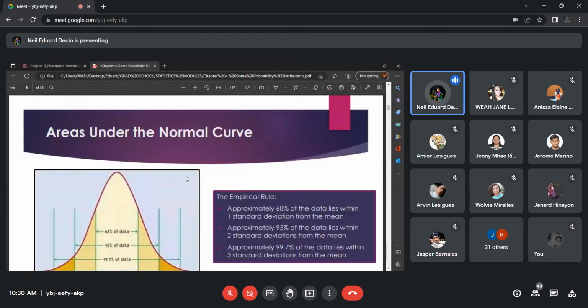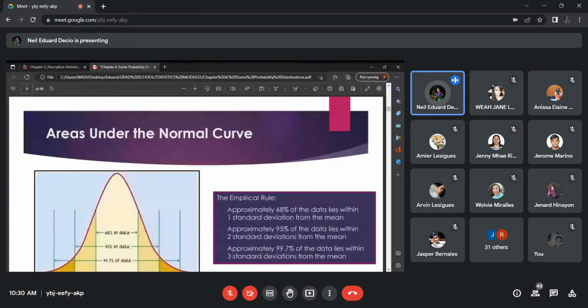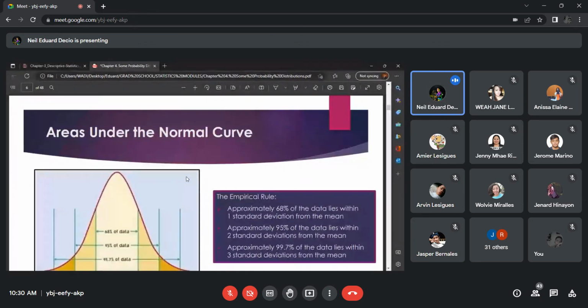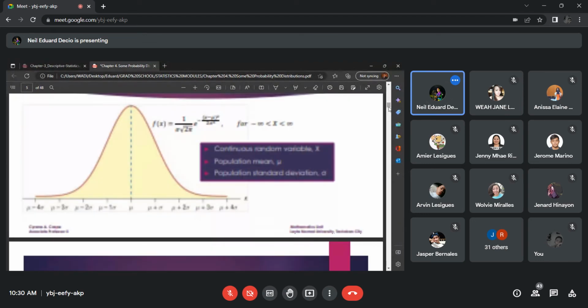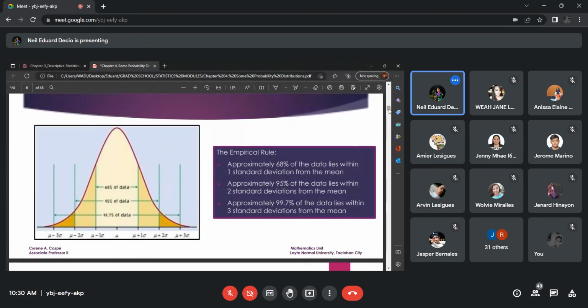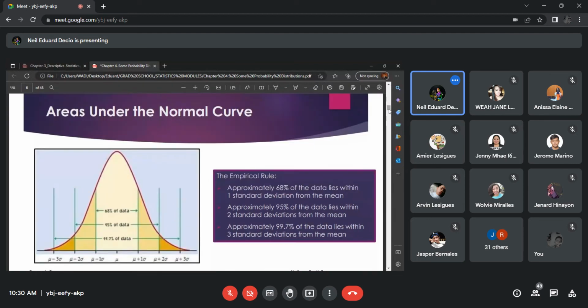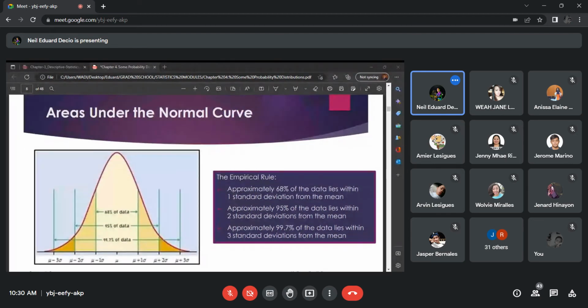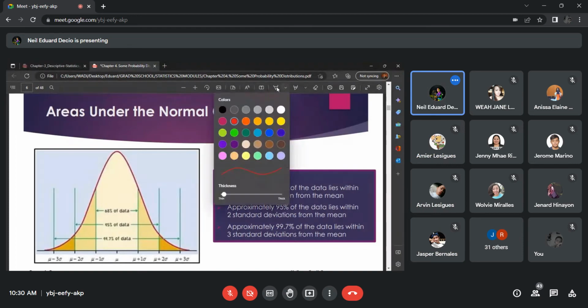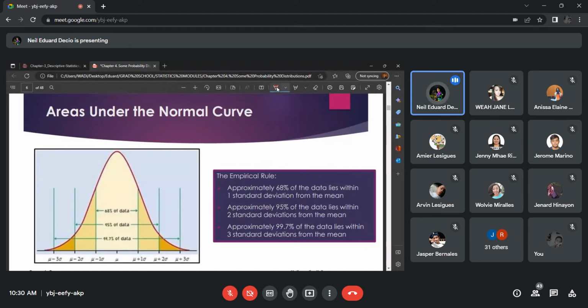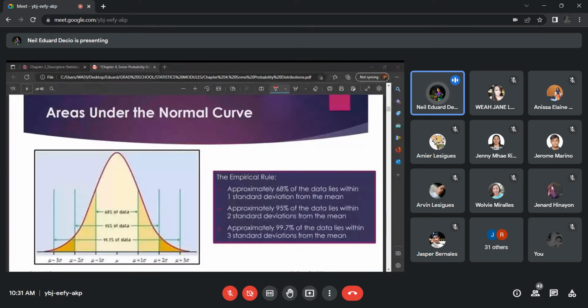Okay? And then, the areas under the normal curve. According to this slide, we actually have an approximation.